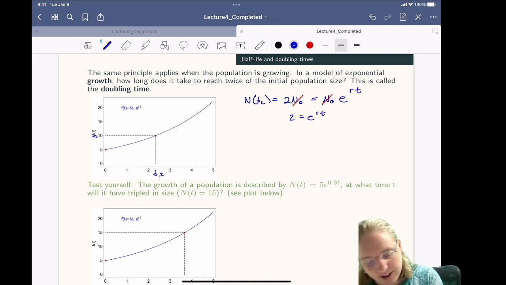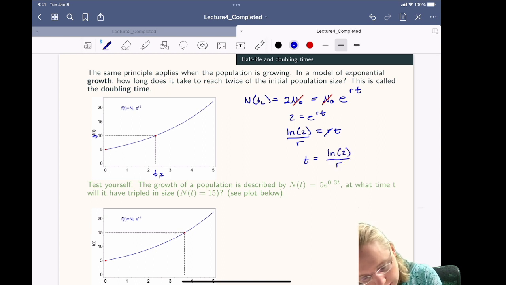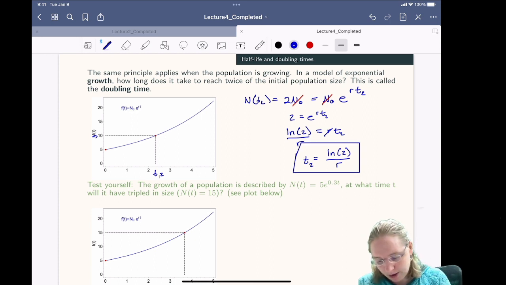This proceeds just like before, where we take the natural log of both sides, and we have ln of 2 is equal to r t. Dividing by r gives us this. So t is equal to ln 2 divided by r. I'll put a little subscript 2 here to denote the doubling time. And that is our doubling time for this question.